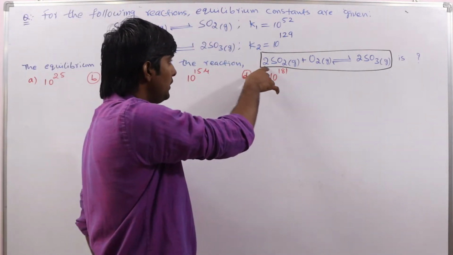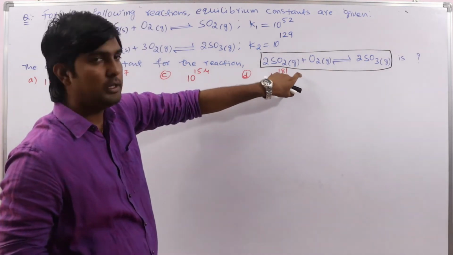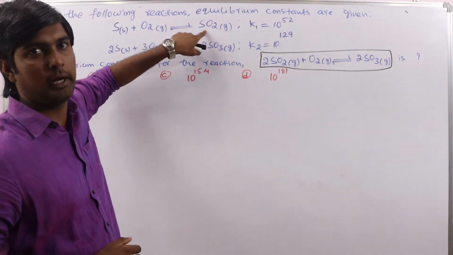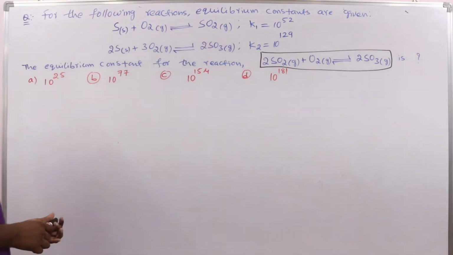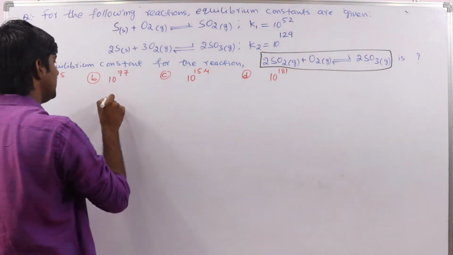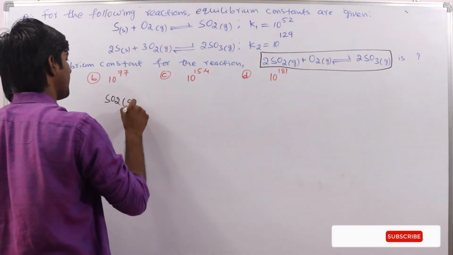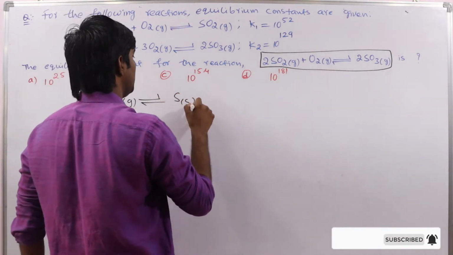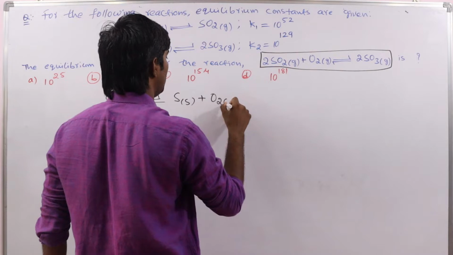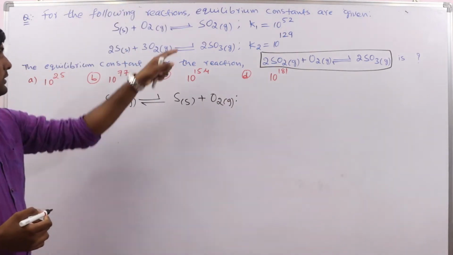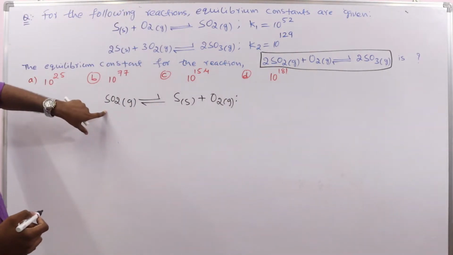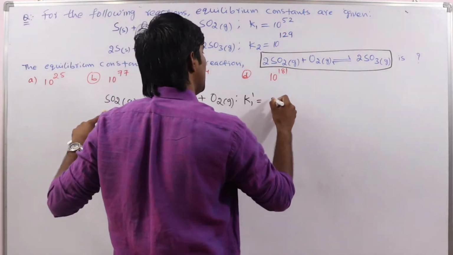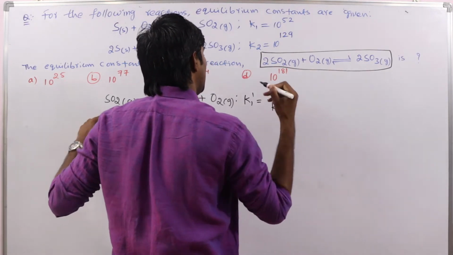Now, SO2 is present on the reactant side in the target reaction, but here it is on the product side. So first reverse this reaction. When reversed, we get S plus O2 on the other side. Now SO2 is on the left side, but the equilibrium constant for this reaction is 1 by K1.